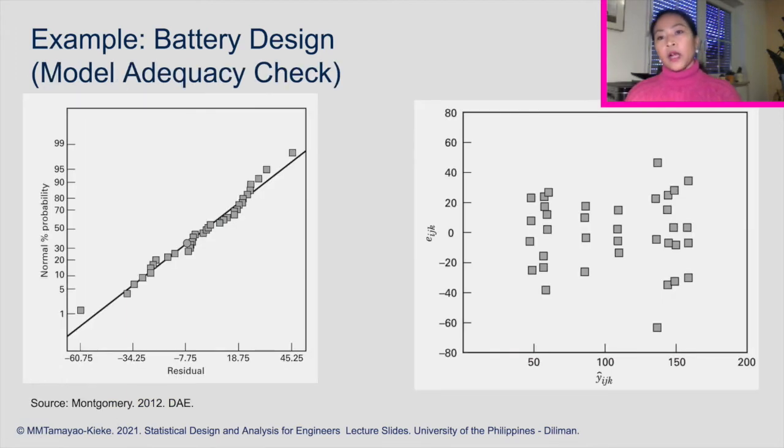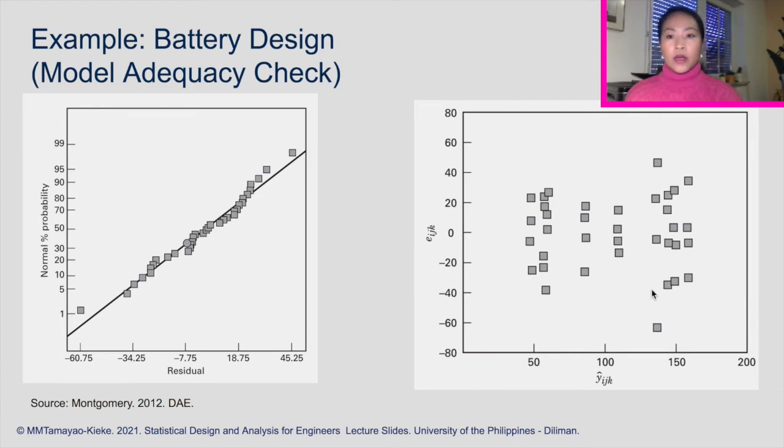And now plotting the residuals in our normal probability plot and plotting the residuals versus the predicted value, you can see again that the normality assumption is satisfied given that our residuals are very close to the normal line. And then we don't see any significant pattern here.